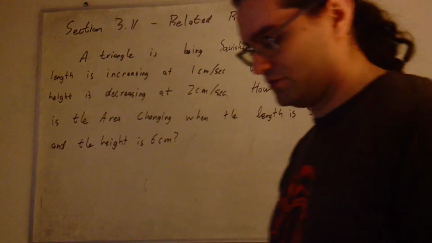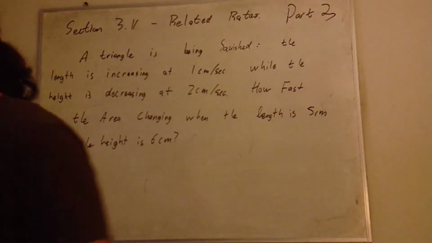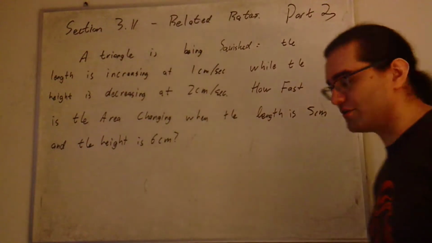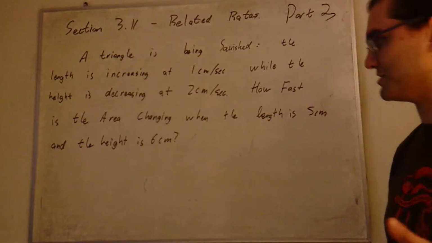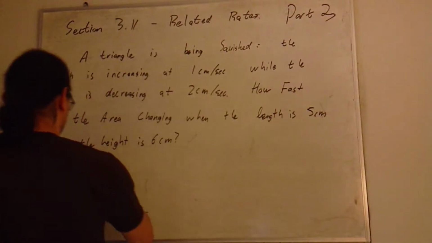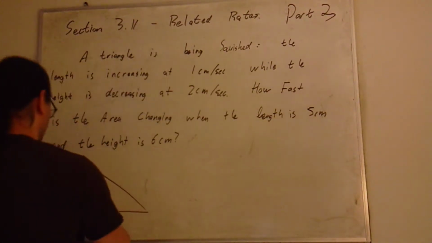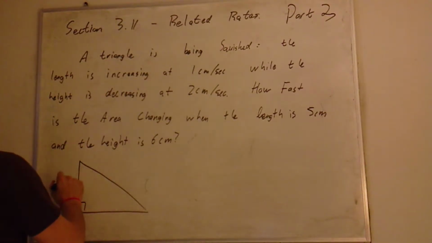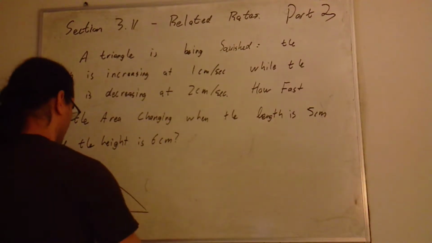So, the first thing we need to do to solve this problem is draw a picture. We have a triangle. Here's my triangle. The height is 6 centimeters. The length is 5 centimeters.